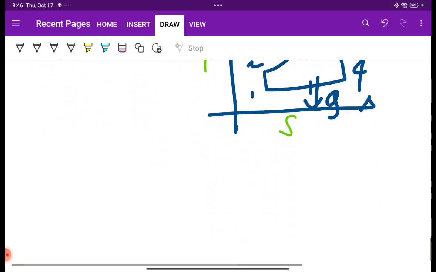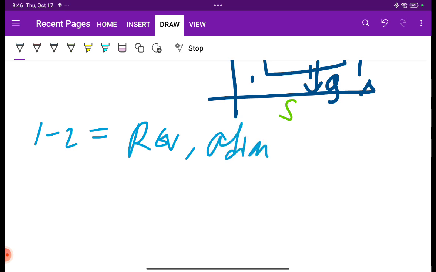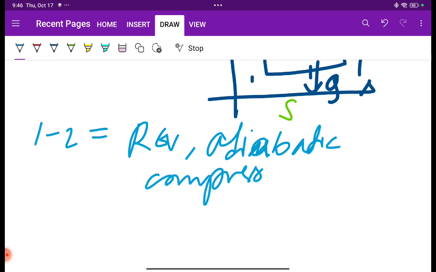I'll write it. Wait for a minute. From 1 to 2 is reversible adiabatic compression takes place.